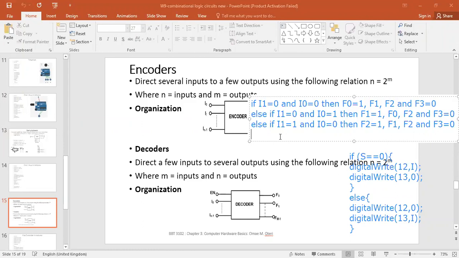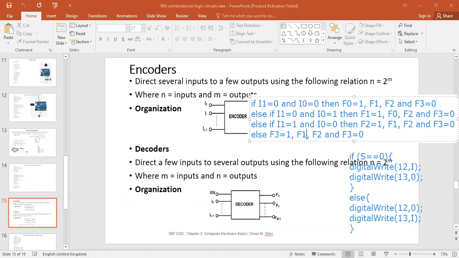Else F3 is equal to 1. The rest are zeros.